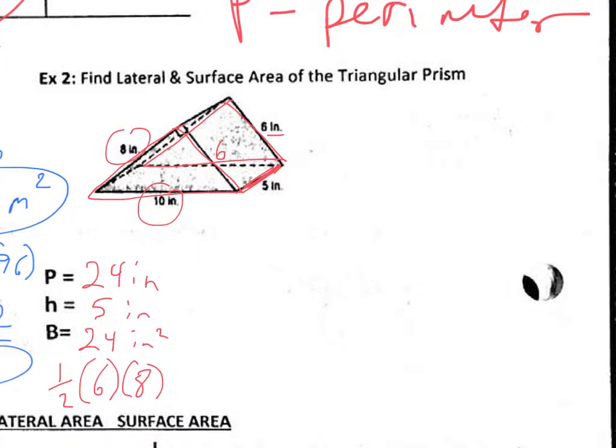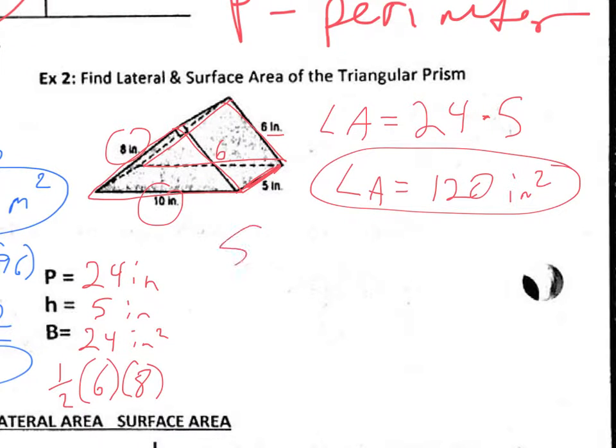So, just because it's a triangular prism as opposed to a rectangular prism doesn't mean our formula changes. The lateral area still is perimeter of the base, which we found to be 24, times the height, which was 5. Multiply that out, and the lateral area is 120 square inches.